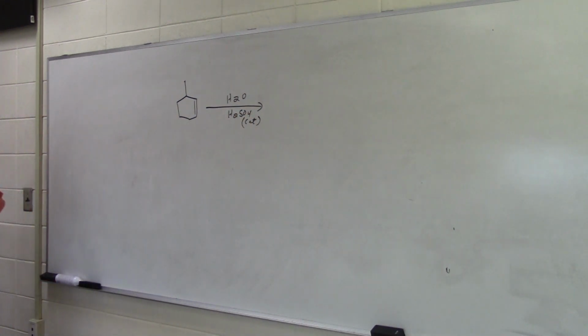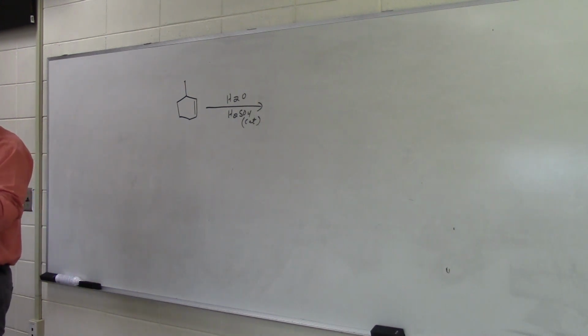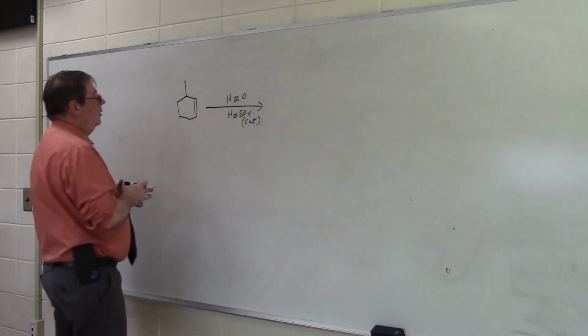What reaction are we going to do? The just general reaction, before we think about rearrangements or anything. If I have an alkene and water and sulfuric acid, what's the product I'm going to get? An alcohol. That's exactly right. I'm going to get an alcohol, right?